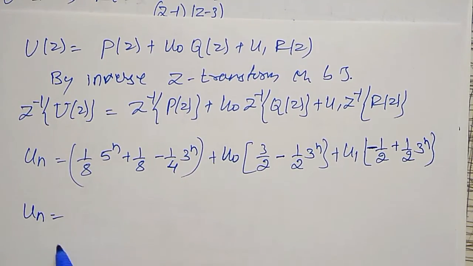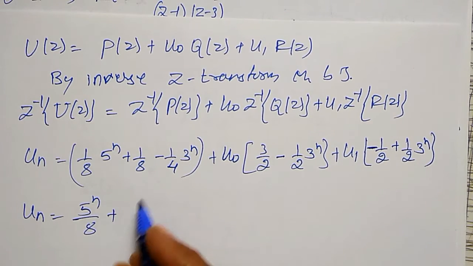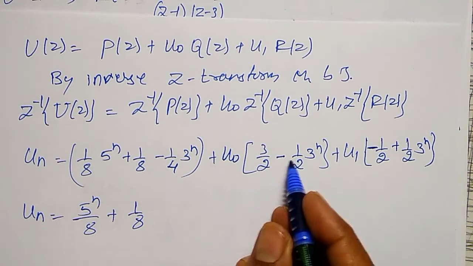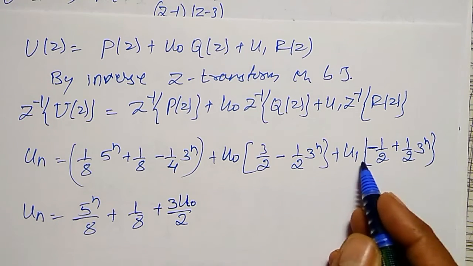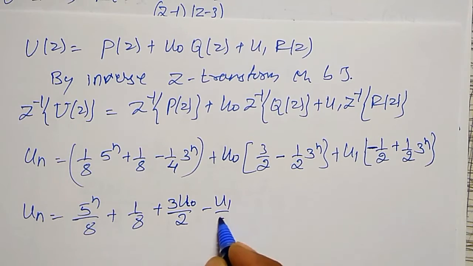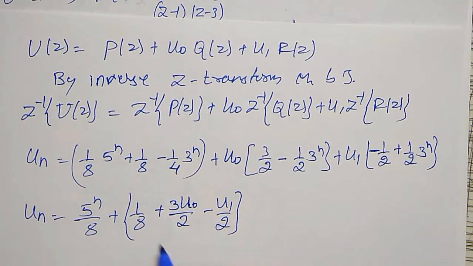Therefore my un is equal to 5 raised to n, only one term, 5 raised to n divided by 8. Constant terms not containing n: this is 1 by 8, plus 3 u naught divided by 2 and minus u1 divided by 2, this is one term.